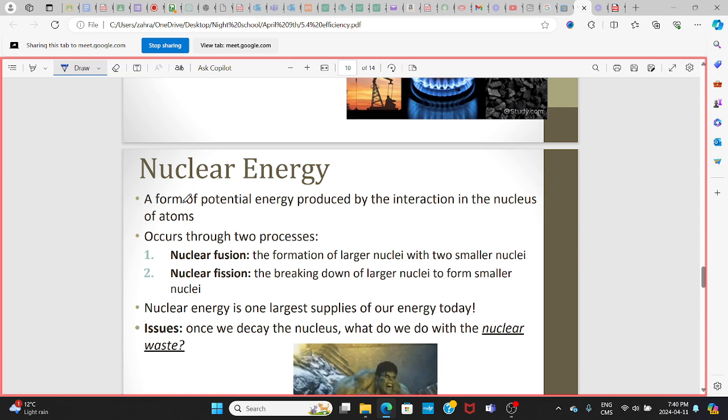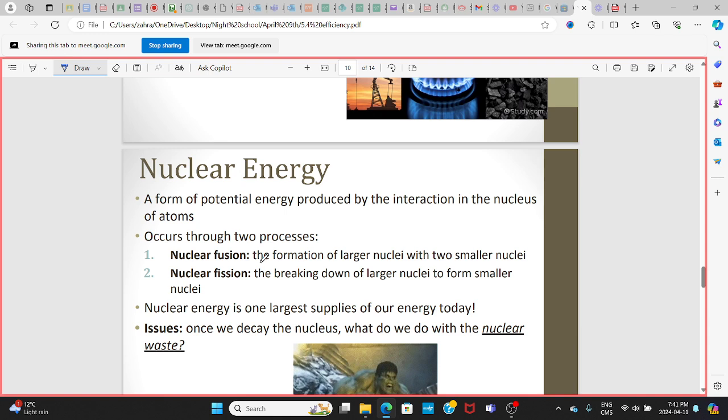Okay, so another one is nuclear energy. So it's not a clean energy, right? A form of potential energy produced by the interaction of the nucleus of an atom. So you break the nucleus of an atom and because of that process, a huge energy will be produced, right? Nuclear fusion and nuclear fission are two types of nuclear reactions.